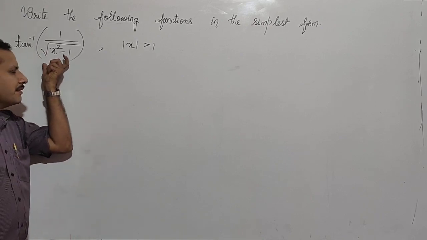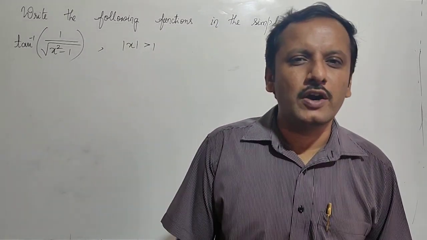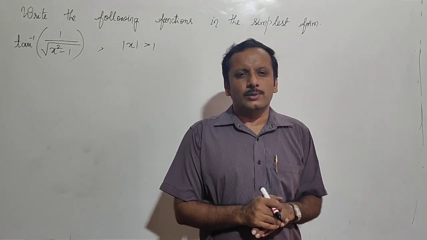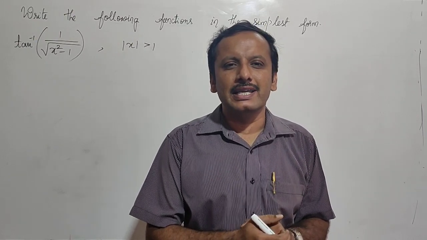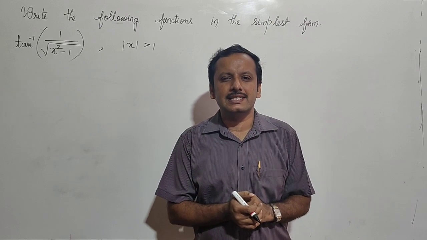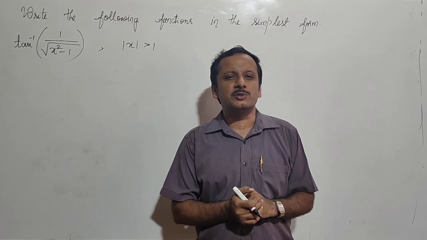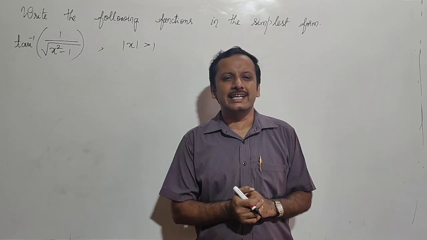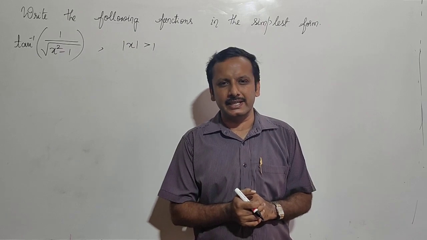Okay, so we have to simplify this. Here we have to make a substitution. Root of x square minus 1 is there, so that can be compared with root of x square minus a square. Earlier I have told you that when we see root of x square minus a square, the substitution is x equal to a secant theta or x equal to a cosecant theta.